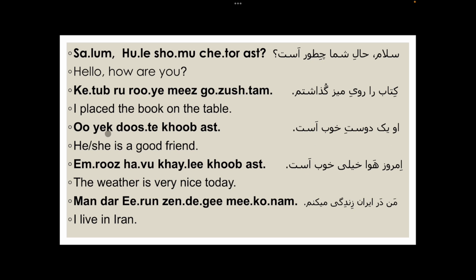Yek is this one right here, yek. Duste is this one right here. And khub is right here. And ast is right here. Since we've split out the words like this, and the periods are just breaking the word into syllables, you can see the Farsi writing of it right on the side, and you can compare each word to see how it's written, just to help those who want to learn how to read Farsi itself.